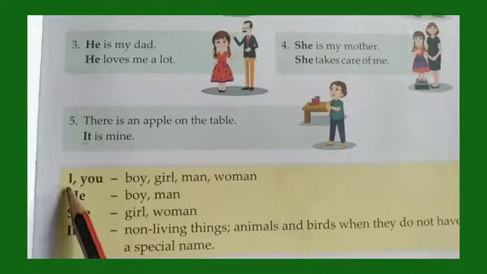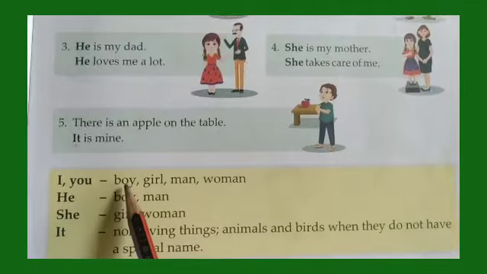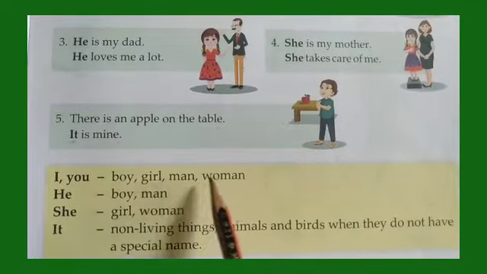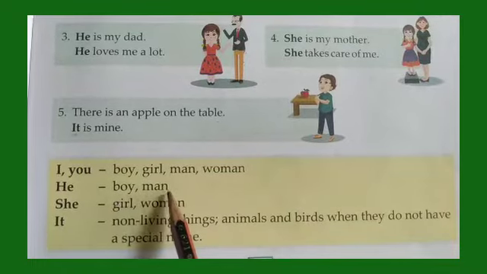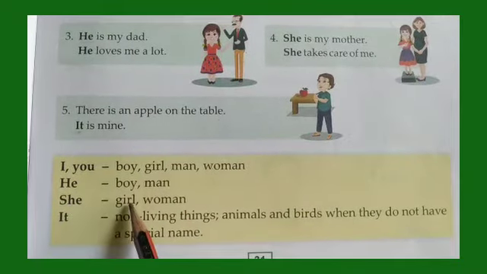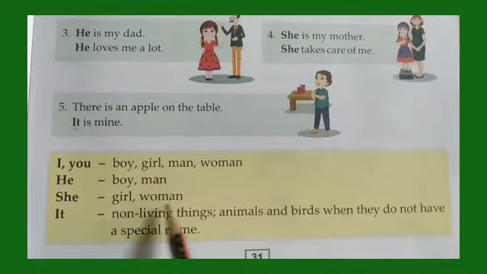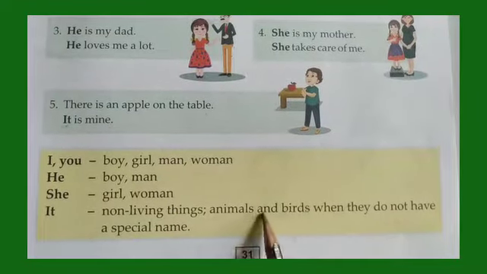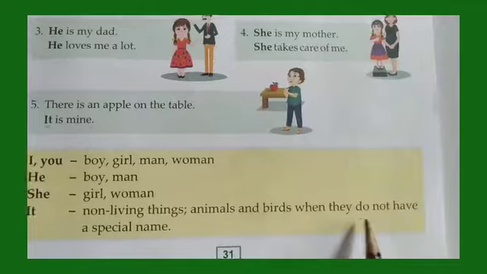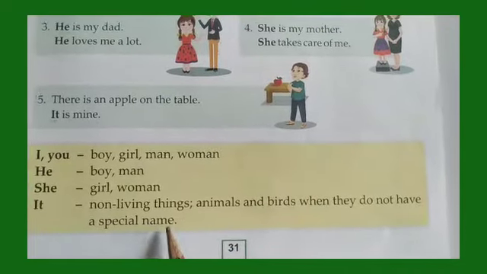Now look here. I, you are used for boy, girl, man, woman. He is used for boy and man. She is used for girl and woman. It is for non-living things, animals and birds, when they do not have a special name.